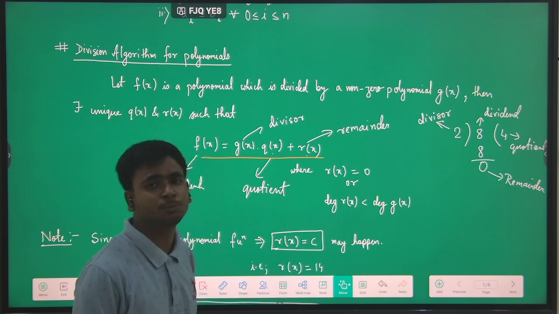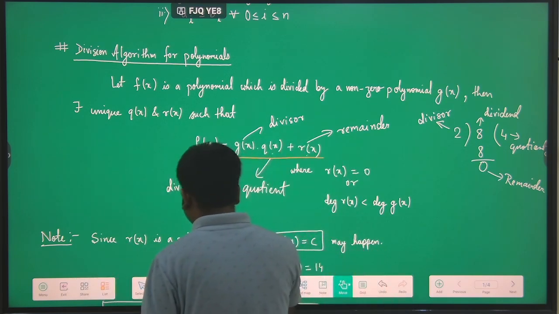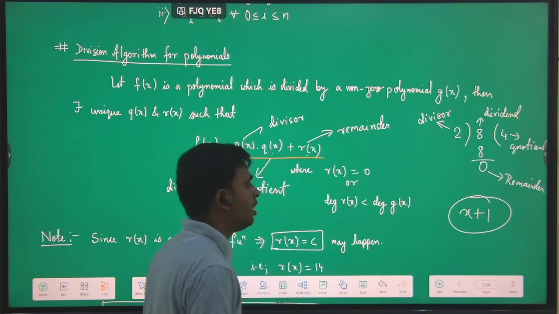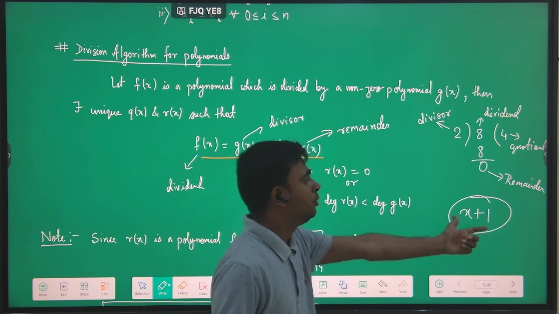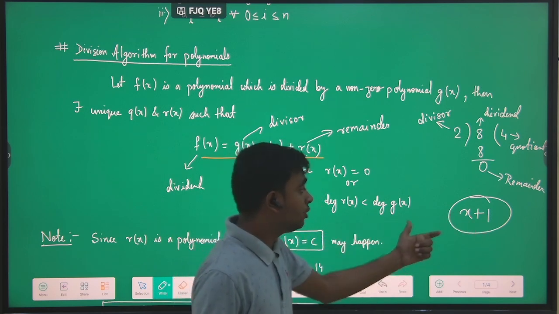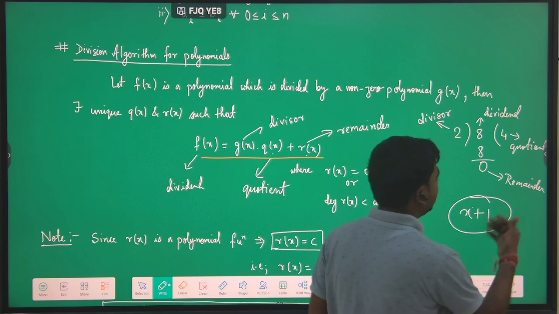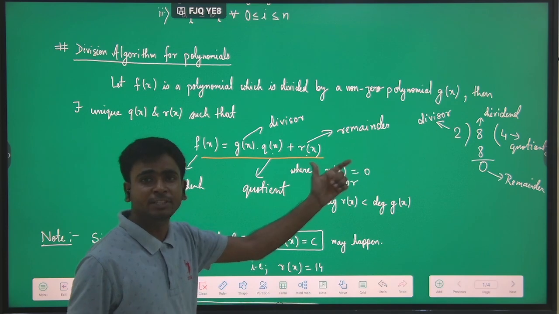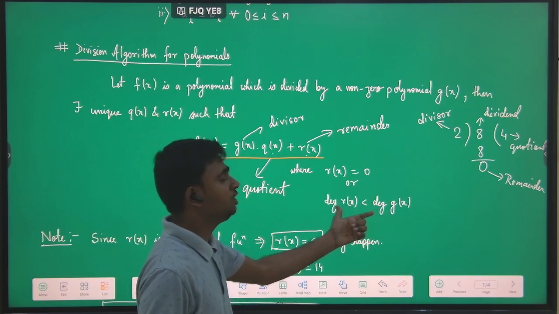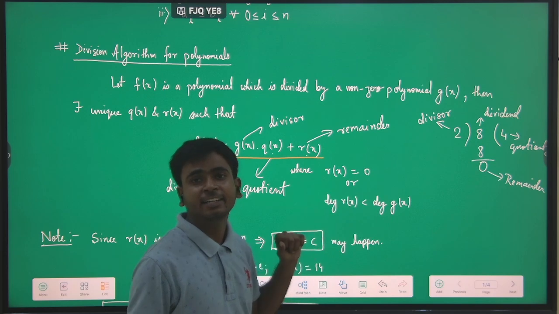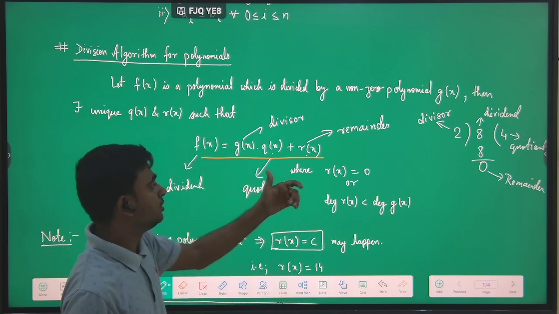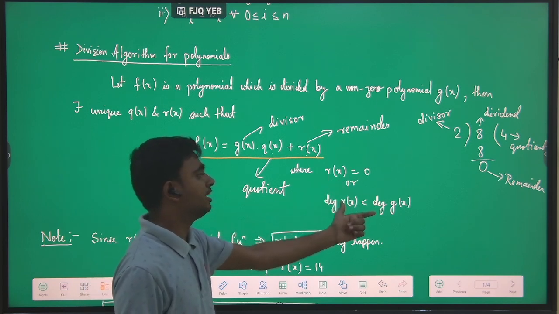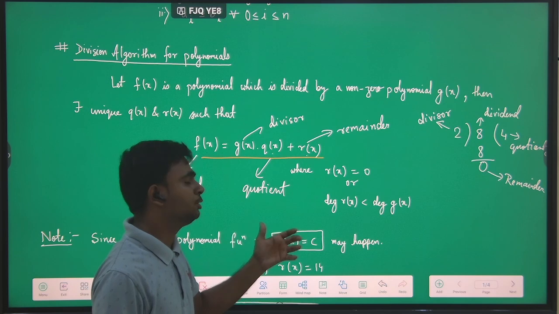Because if we are getting, let us suppose, the remainder as x plus 1, how can we say whether this remainder is positive or negative? We can only speak about its degree. That is why either the remainder function will be 0, or its degree will be less than the degree of g(x). We will learn when the degree will be 0 and when the degree of r(x) will be less than the degree of g(x) through some examples.